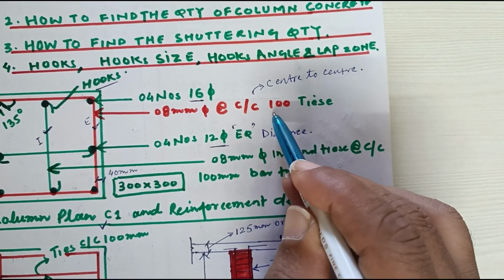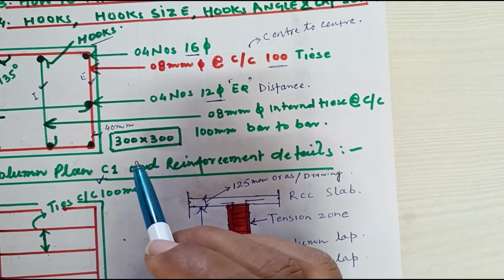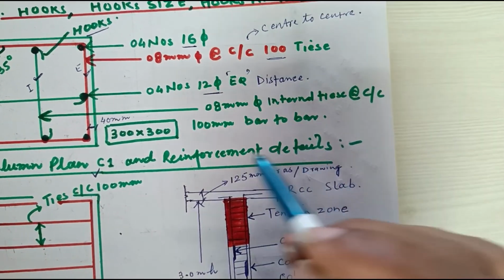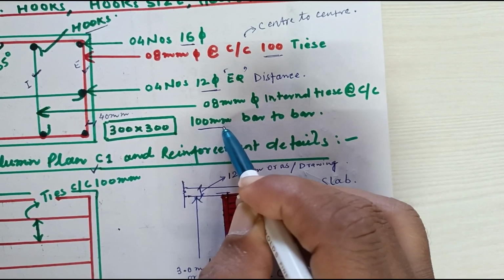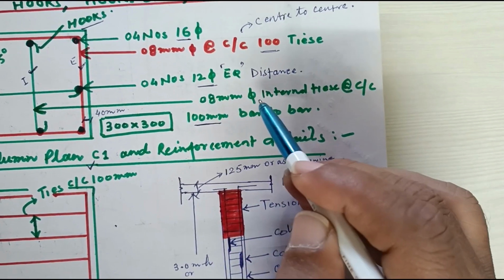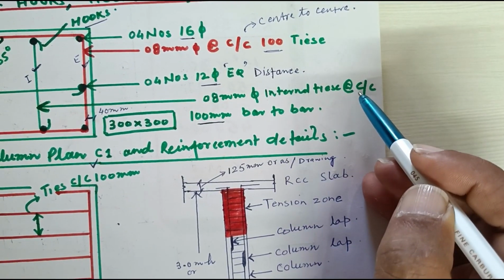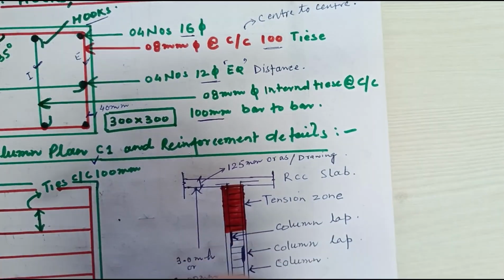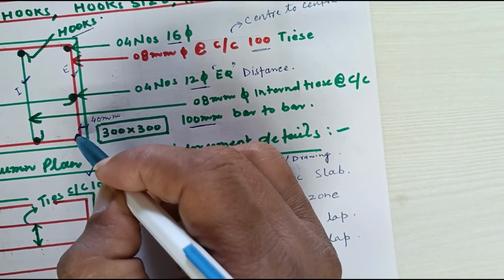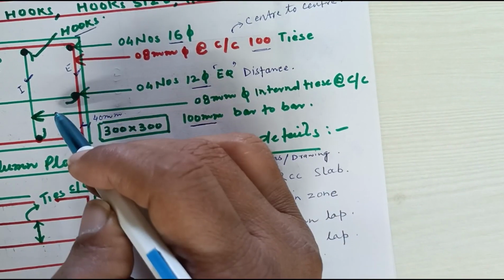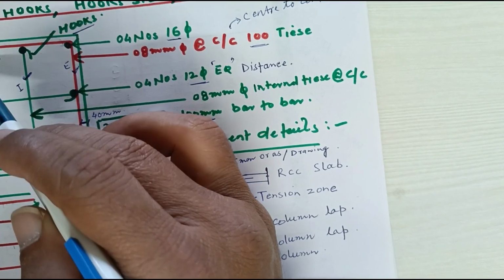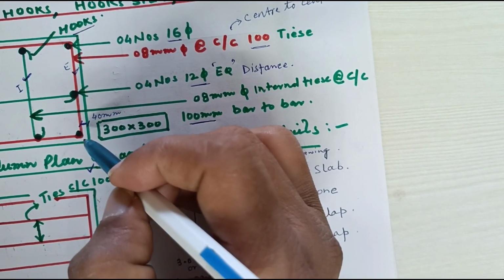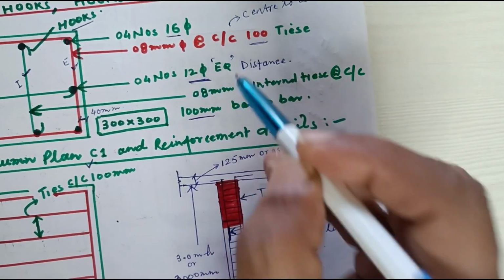So this is 100, and at the same place the internal ties shall also be at 100. Here it is also mentioned: 8 dia internal ties at center to center 100, bar to bar, to tie the bars. This main column bar is 16 mm, and the internal bars, which are distributed equally from one 16 mm corner bar to another corner bar, are 12 mm dia.